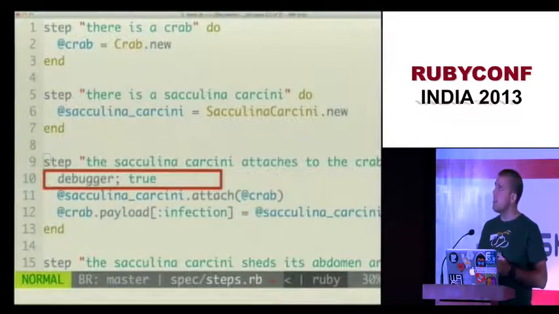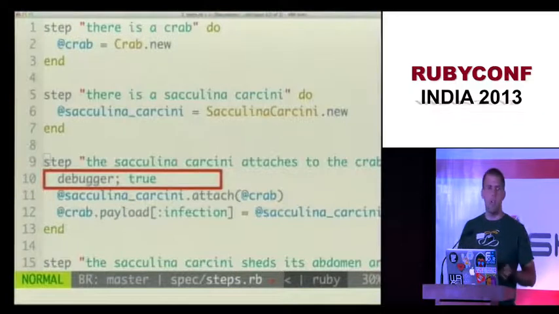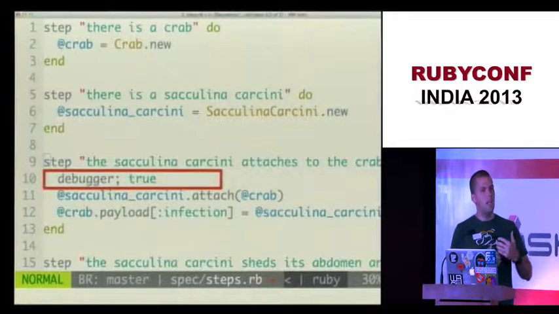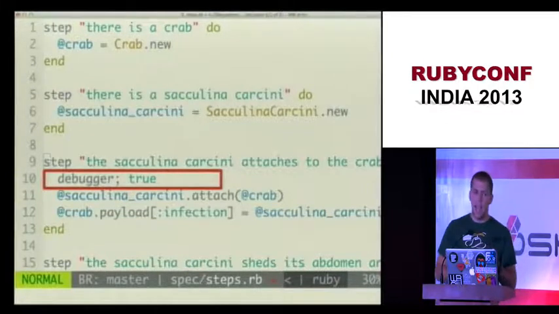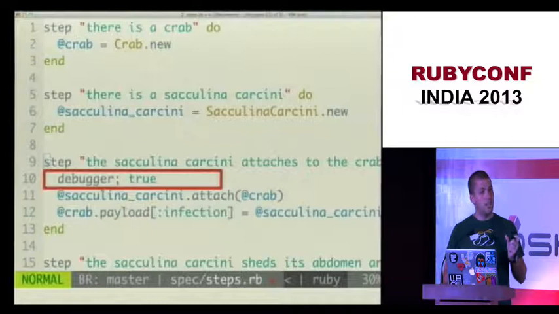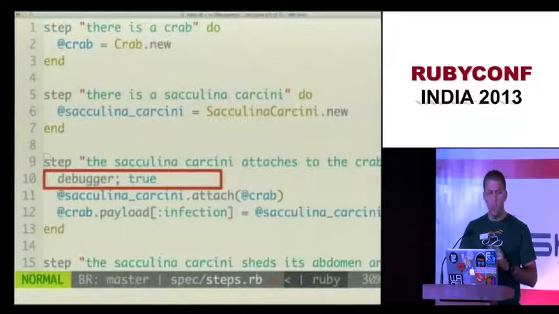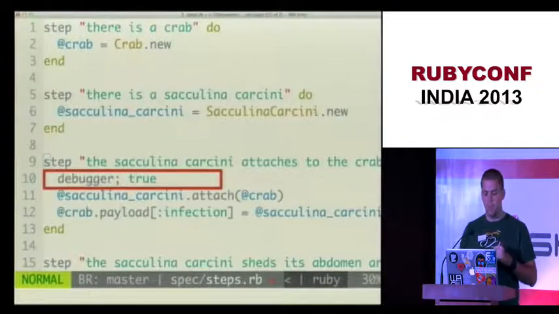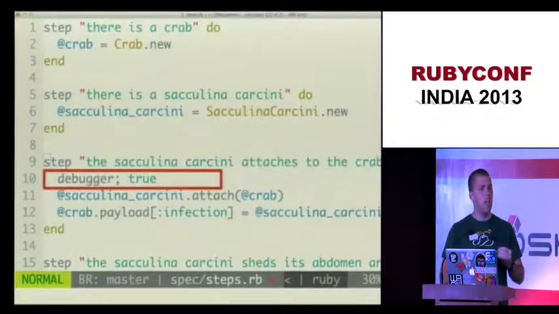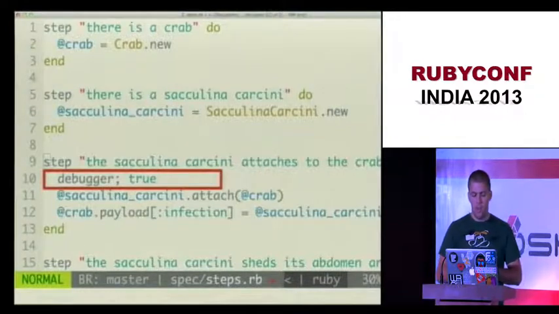There's something interesting here that I need to point out at the beginning. I hate when I'm introducing a new topic or talking about the basics of something and I have to add in exceptional information about an edge case. But if you notice, we have here the debugger statement on line 10, followed by a semicolon, followed by the Ruby true expression. The reason for this is that this particular Ruby library, the debugger library, pauses execution after the debugger method is called.